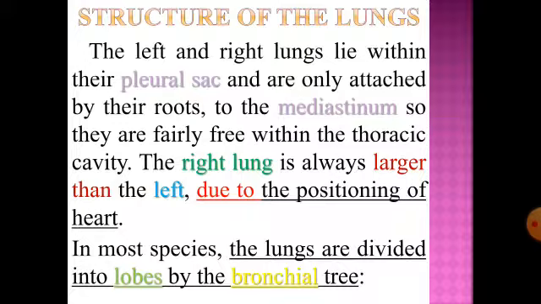The right lung is always larger than the left due to the positioning of the heart. In most species, the lungs are divided into lobes by the bronchial tree.